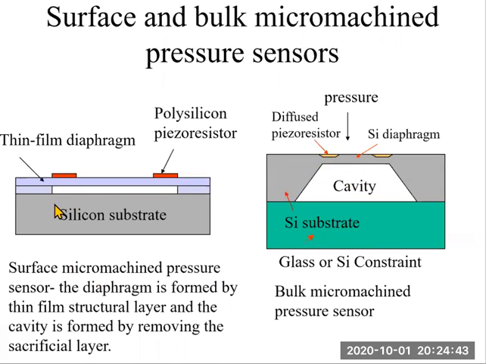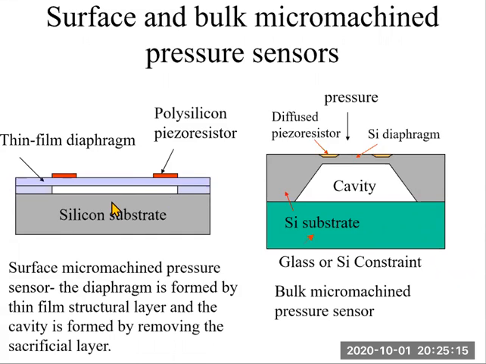Right. Thus, the left figure shows the cross section of a surface micromachined pressure sensor. Now we can see that the diaphragm, the sensing element, is formed by a thin film structural layer, and the cavity underneath is formed by removing the sacrificial layer by sacrificial etching.